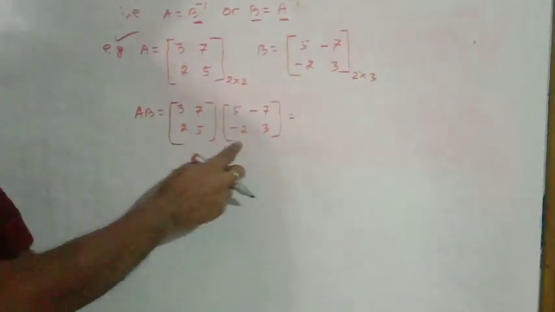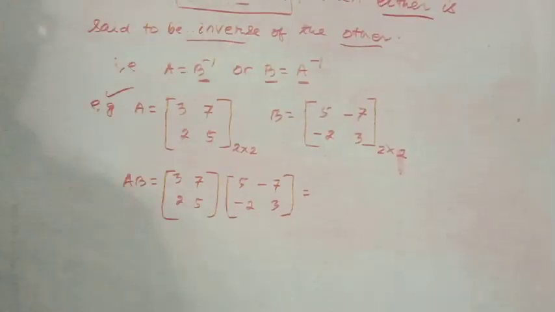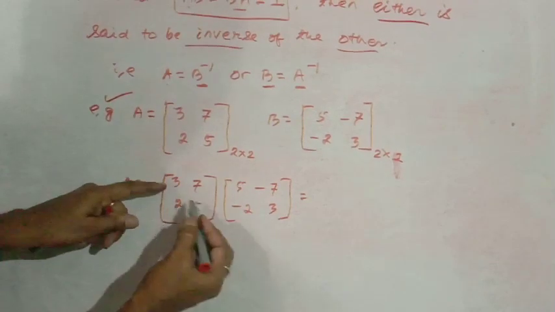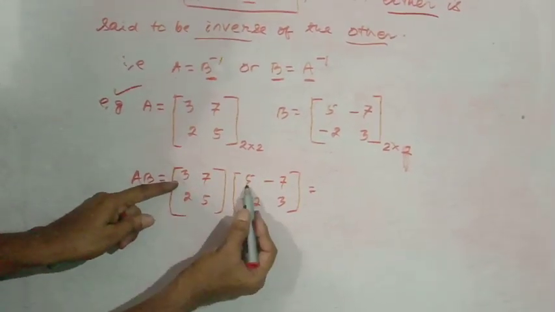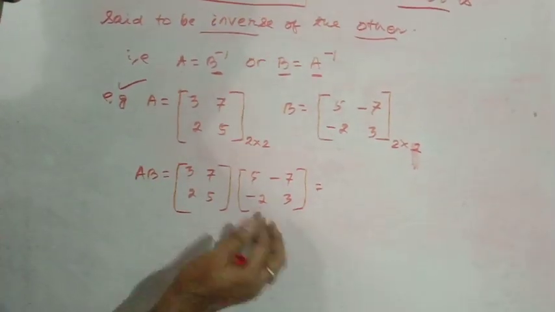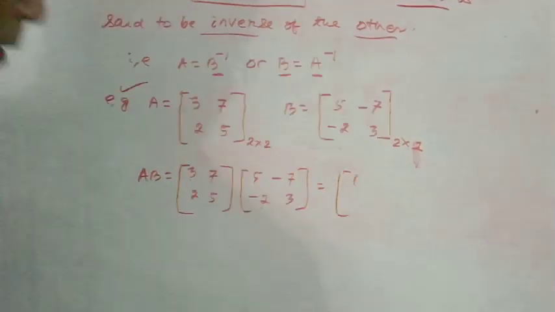So we will find out the product of these two matrices. It is equal to 15 minus 14. 3 into 5, 15, minus 2, 7 into minus 2, minus 14. So that is equal to 1.